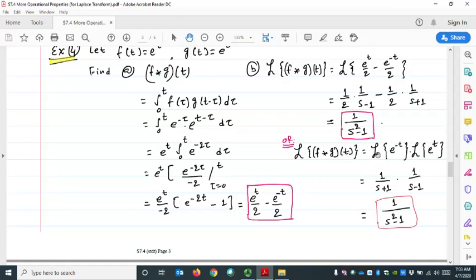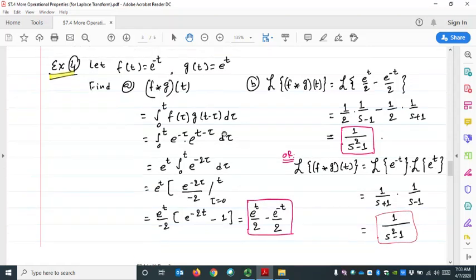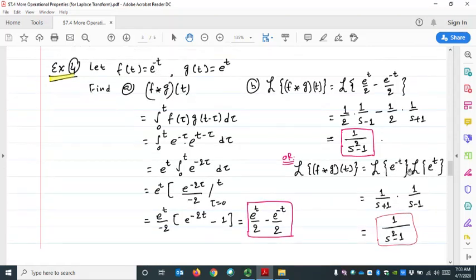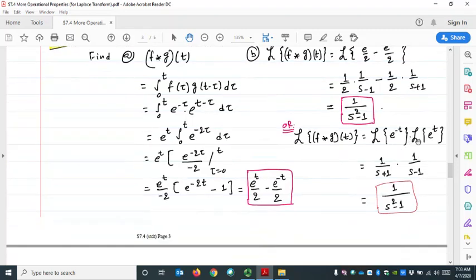So the Laplace transform of e to the power negative t, which is 1 over s plus 1, times the Laplace transform of e to the t, which is 1 over s minus 1. Multiply, it gives the same answer, 1 over s squared minus 1. Great. Let's move on.